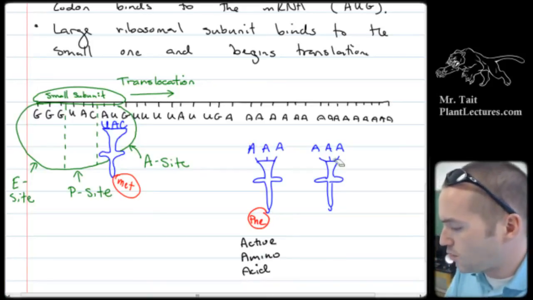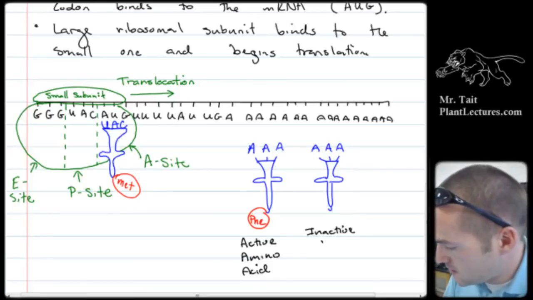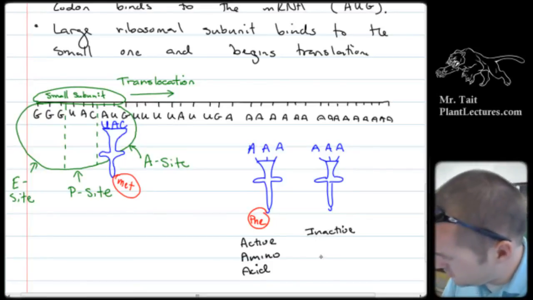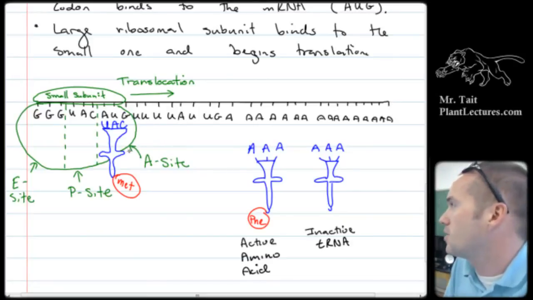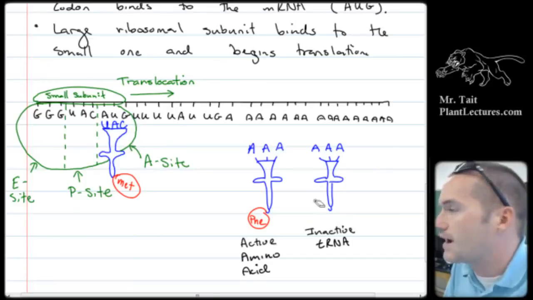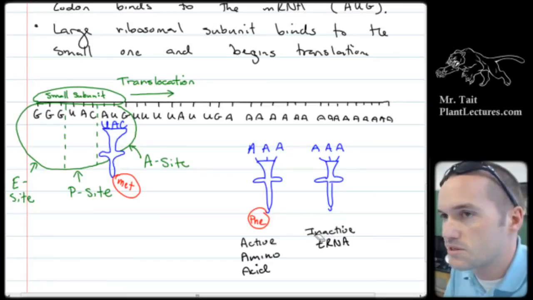This one that doesn't have an amino acid on it is called an inactive tRNA. Inactive tRNA doesn't have an amino acid on it, and therefore it's not going to be bonding its anticodon to the codon, and it's not going into the ribosome. What do you think the inactive tRNA does? What's its goal at this point?